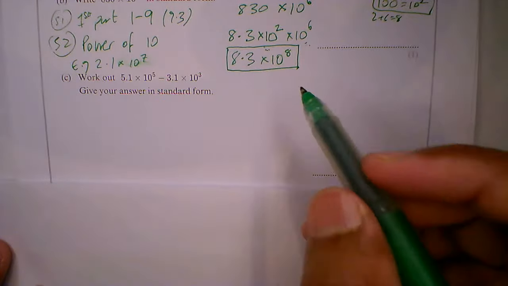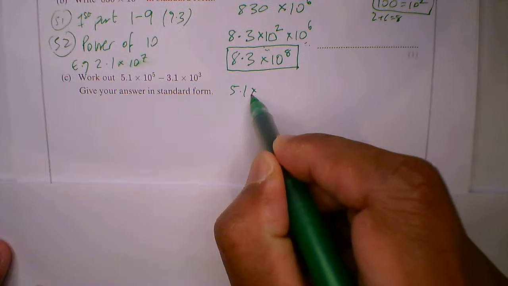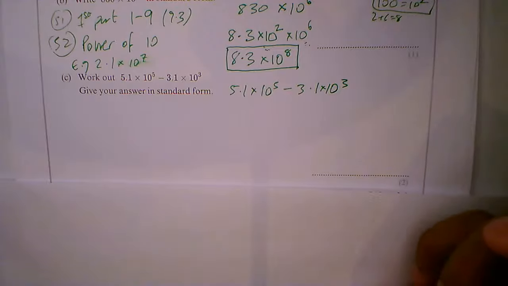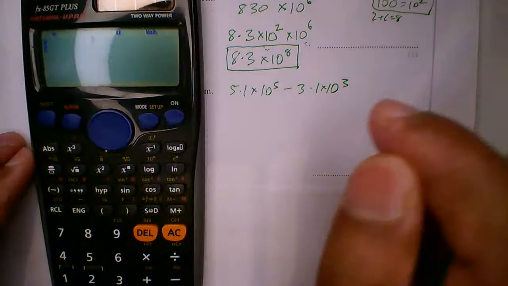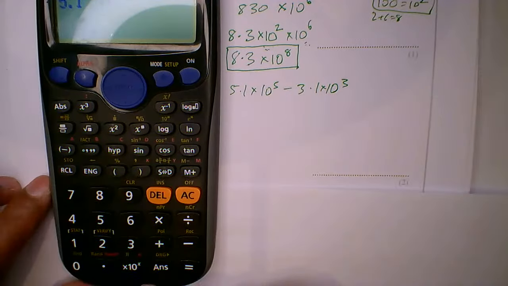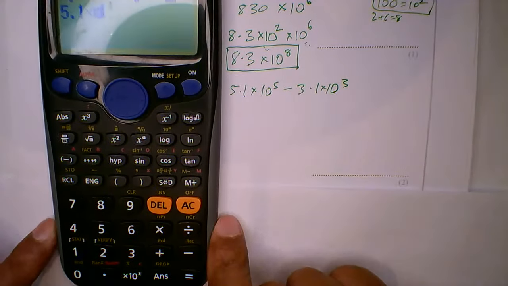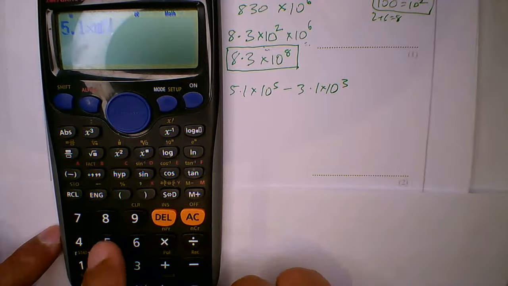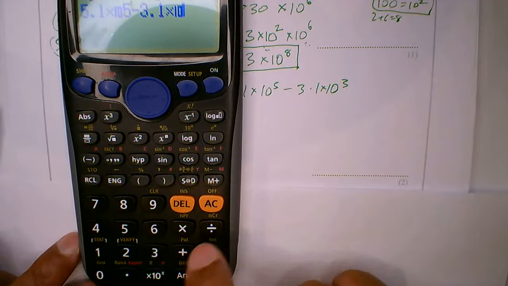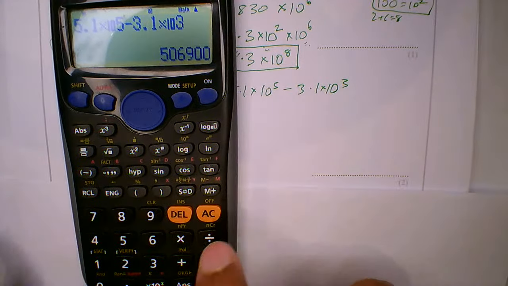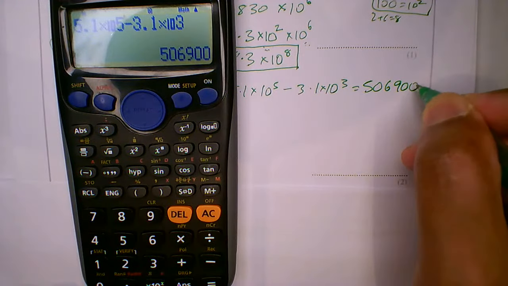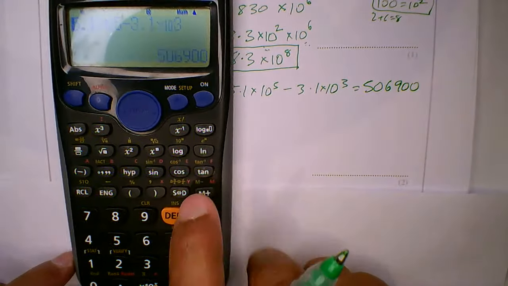So it is a calculator paper, so let's just put this into our calculator to see what it gives us. 5.1 times 10 to the power 5, take away 3.1 times 10 to the power 3. That gives me 506,900. So that's not in standard form.